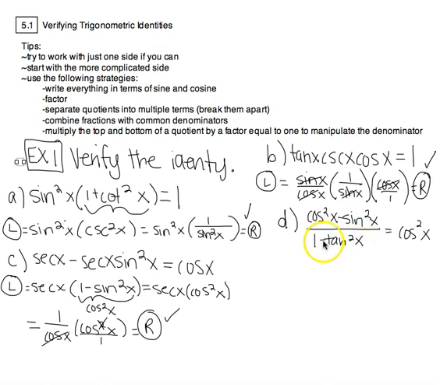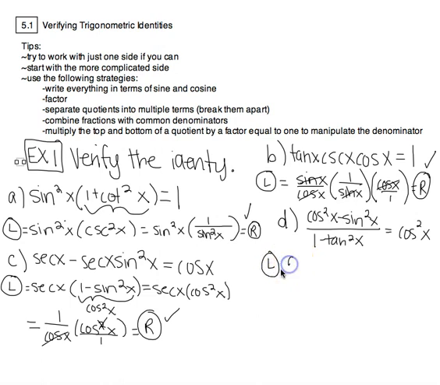Again, if this had been 1 plus tangent squared x, then we would just make that substitution down here. But if what you have in the denominator is not one of those identities, and it's in this format, generally the strategy we're going to use is to multiply the top and bottom by a factor that's equal to 1 that allows us to manipulate that denominator.